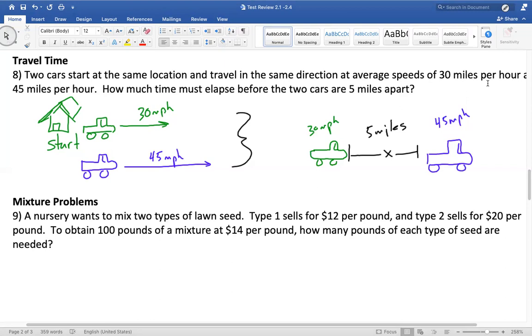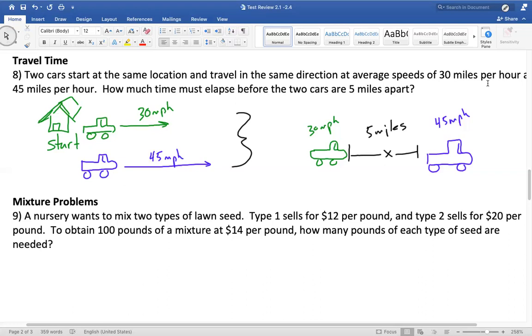So it'd be X equals 30T. And then the blue car would be X plus 5 equals 45 times T. That's kind of really confusing to me because I have this X plus 5 and all this stuff.